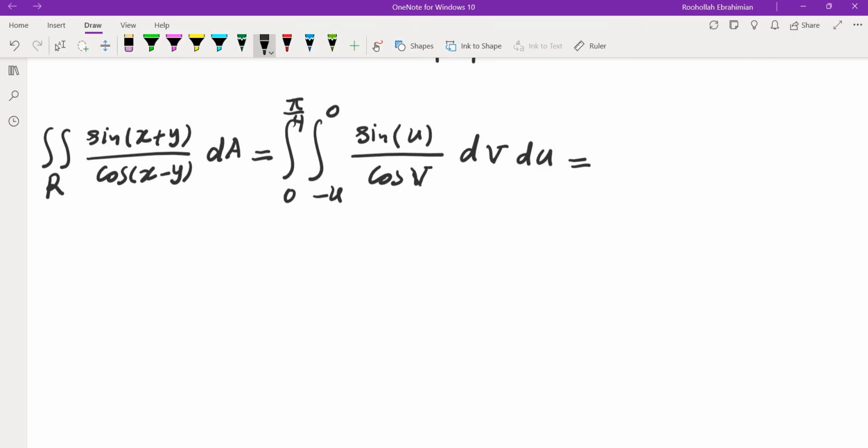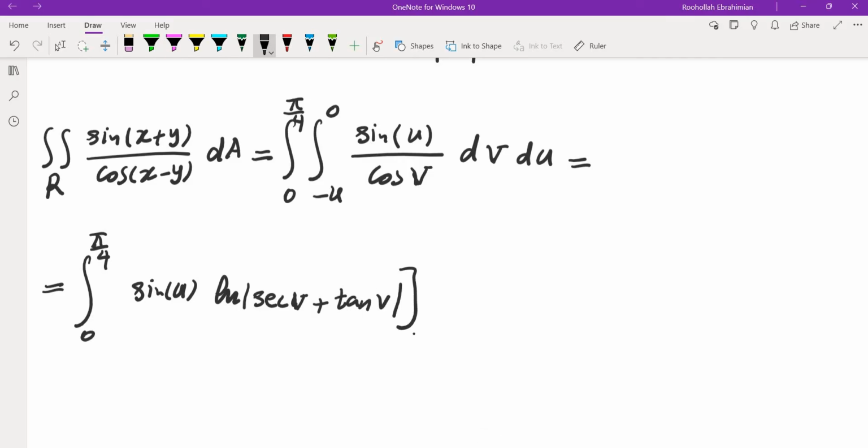So when you integrate with respect to v, sine of u is constant, so we can take it out. So this is 0 to pi over 4, sine of u is constant. And when we integrate secant of v, the integral of secant of v is going to be natural log of secant of v plus tan of v.